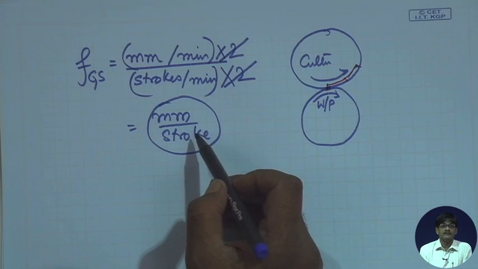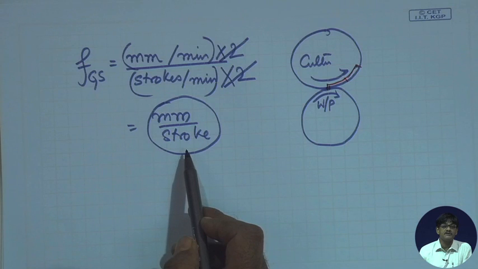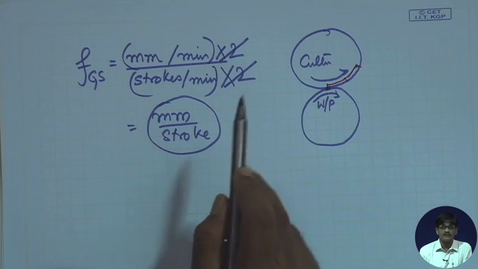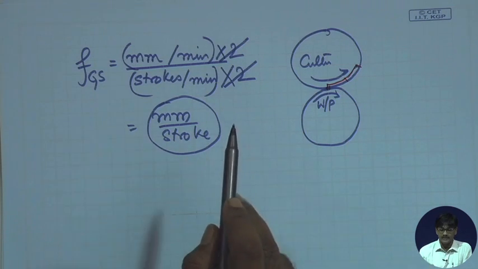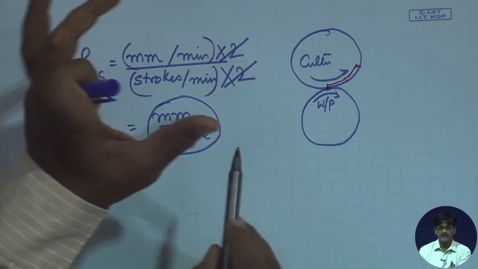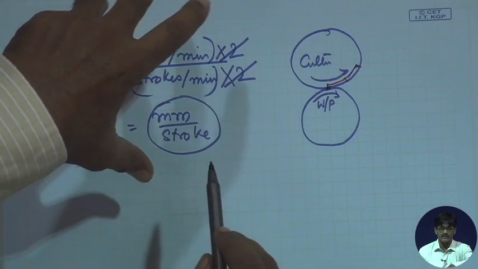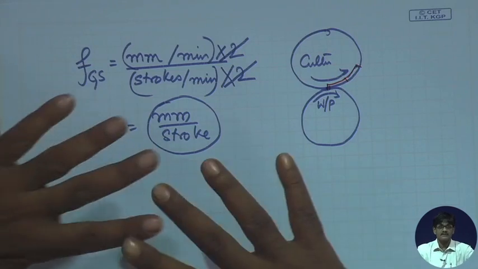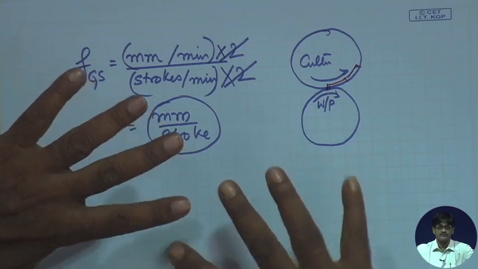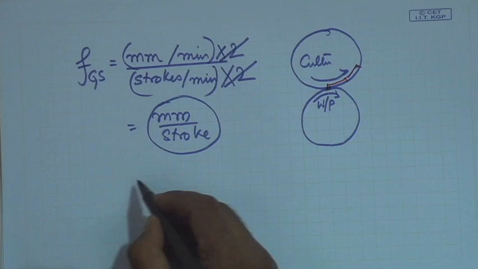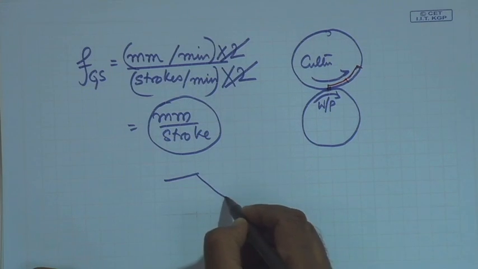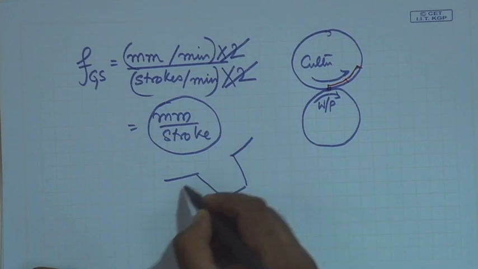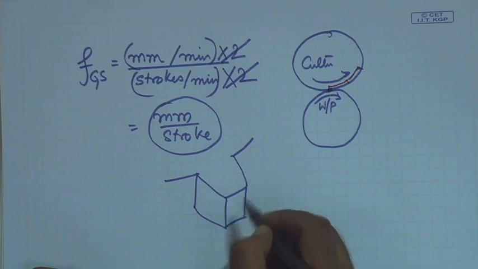And once again, why do we define feed in millimeters per stroke? Because the tool is going on moving this way, and while the cutter is rotating, it is also moving up and down, and therefore that also defines the roughness of the gear teeth. I will draw a figure so that you will agree with me. The roughness left behind on the gear teeth when cutting takes place is like this.